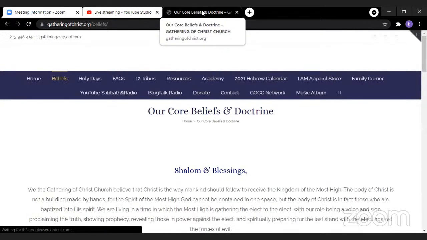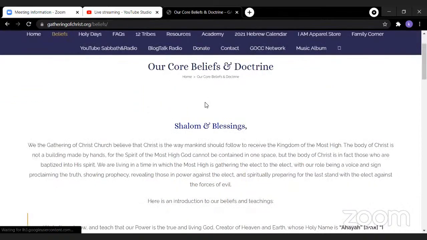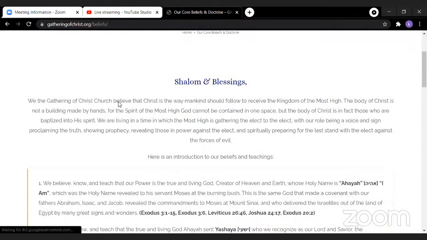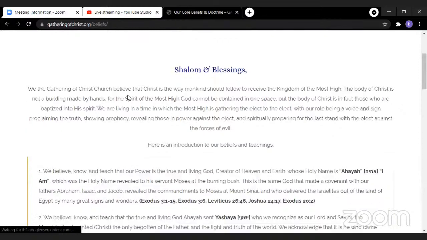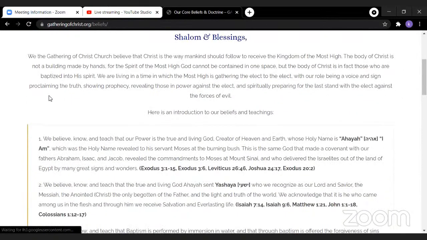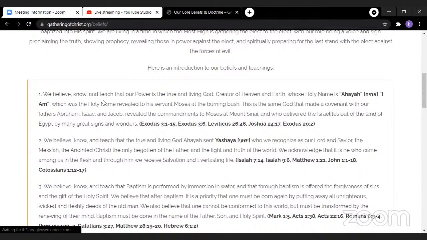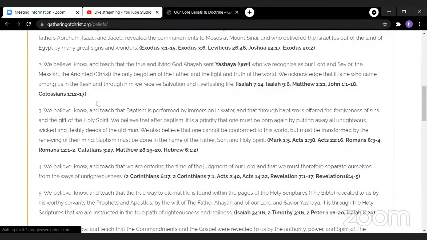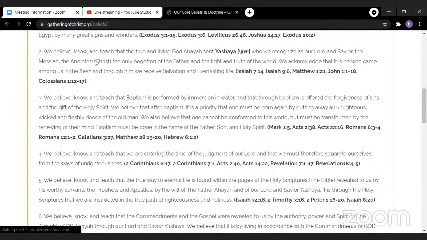Okay, so here it is. Y'all see? Yes. So, okay, so our core beliefs. Okay, so this is GOCC. All right, so these are Hebrew Israelites. Okay. So let's see. I'm not going to read it all out. I'm going to find what we're looking for.